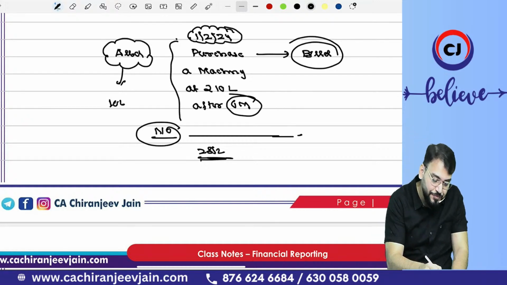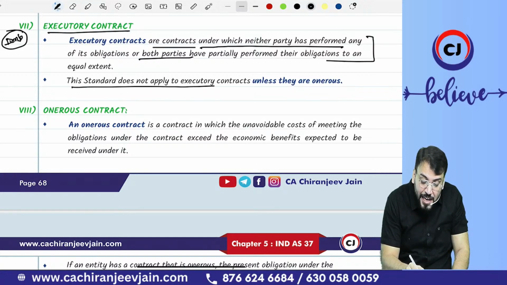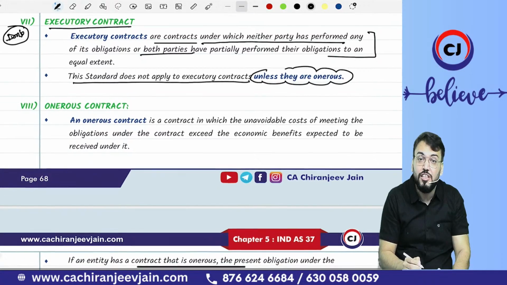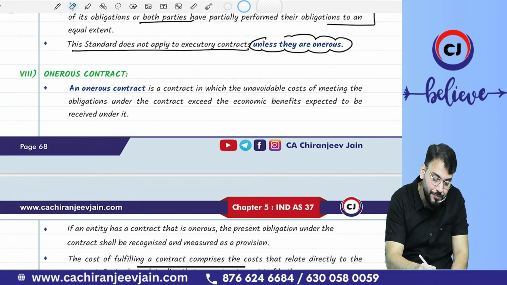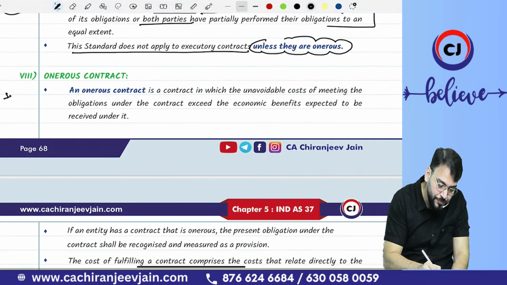Correct. Let us read what is given. This standard does not apply to executory contracts unless they are onerous. So now we need to understand the meaning of an onerous contract, which is super important.